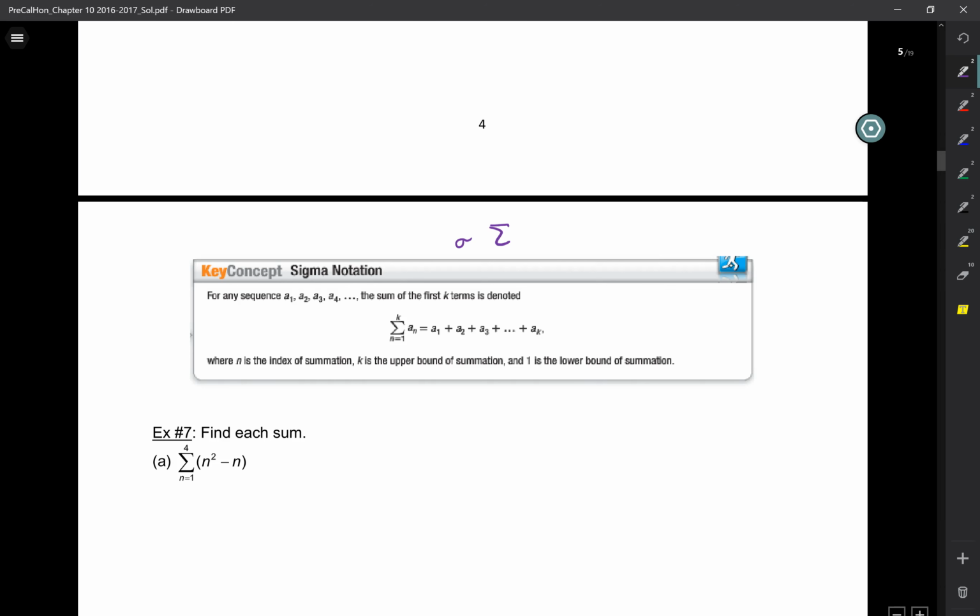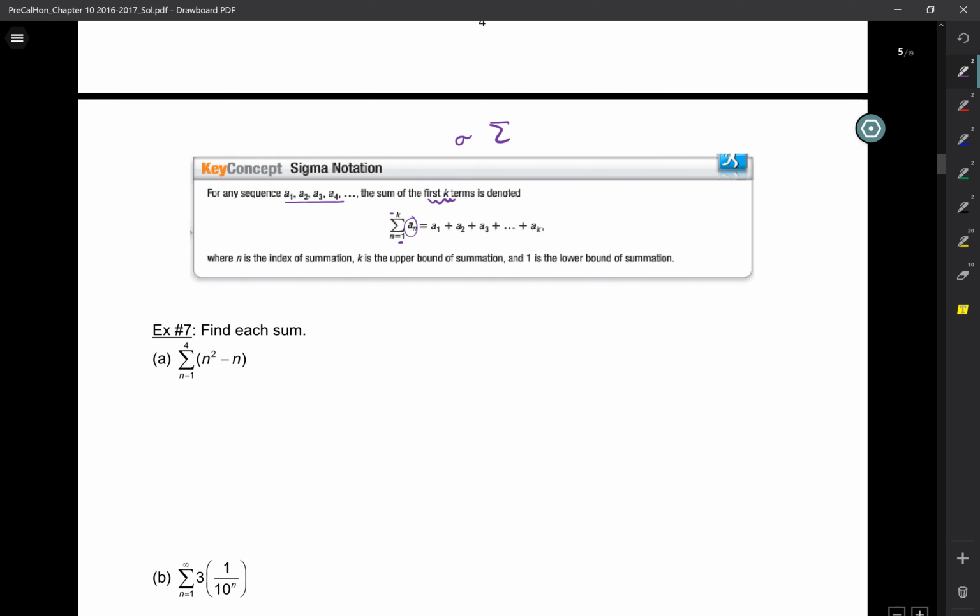Sigma is used for sum, and it's a shorthand way to tell us how to sum things. For any sequence, the sum of the first k terms is denoted by sigma, with n equals 1 to k. Basically, this is telling you to add all of the terms from A1 to AK of the series AN.